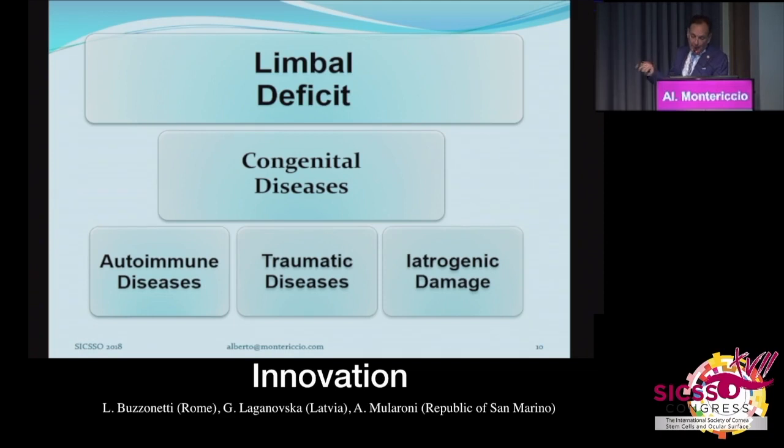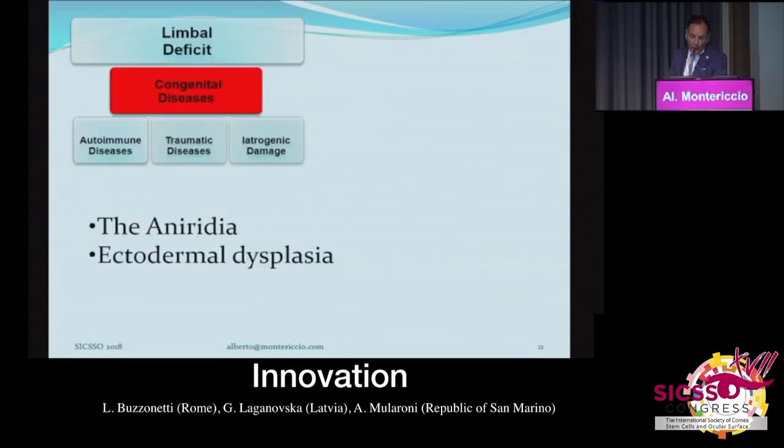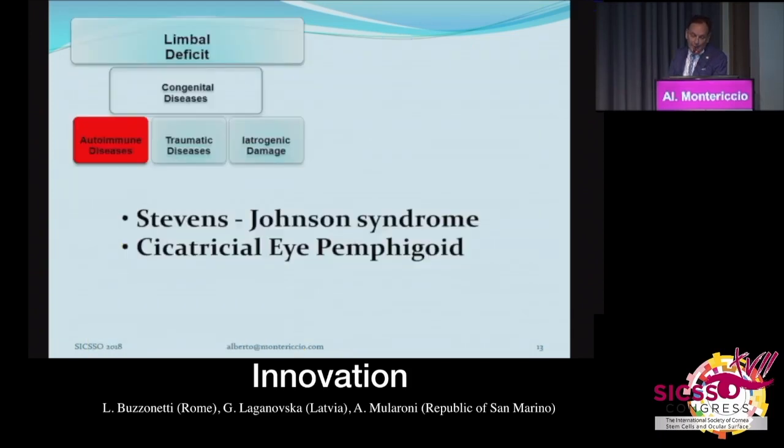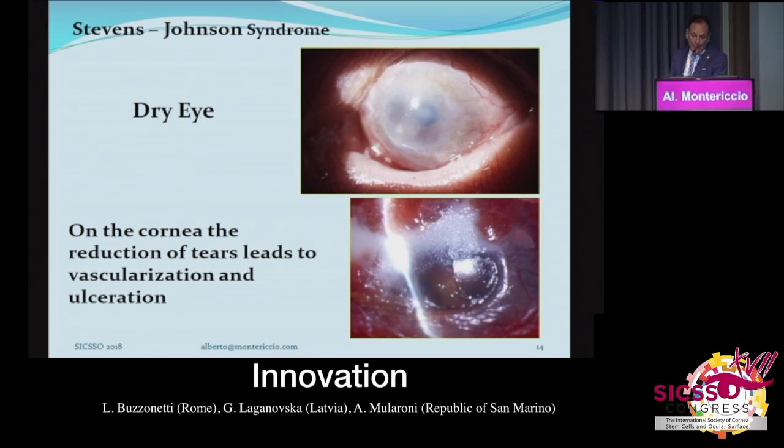Here, as the previous speaker has mentioned, we have limbal deficits, congenital diseases, autoimmune diseases, traumas, and iatrogenic forms. Okay, even faster here, so I can make up for some delay. And then we have dysplasia, for instance, where in 90% of cases we have an absolute limbal deficiency, and Stevens-Johnson syndrome and pemphigoid are very well known.